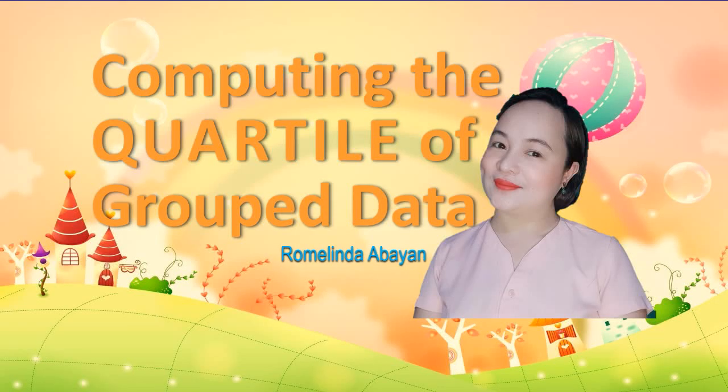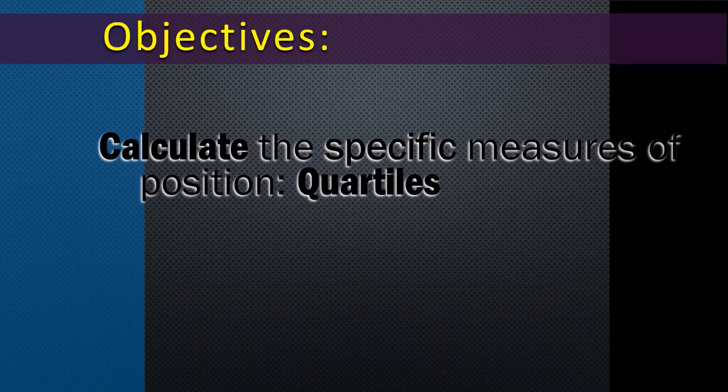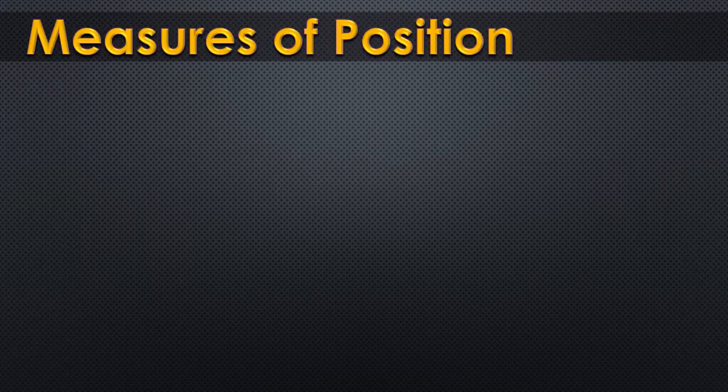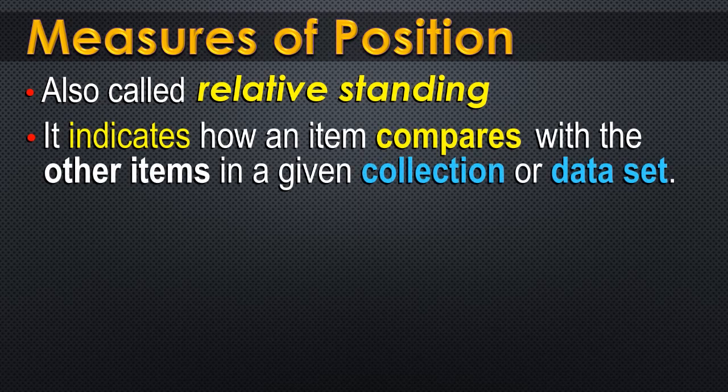Good day, everyone. Today, we are going to discuss computing the quartile of grouped data. Our objective: calculate the specific measures of position, quartiles. Measures of position are also called relative standing.